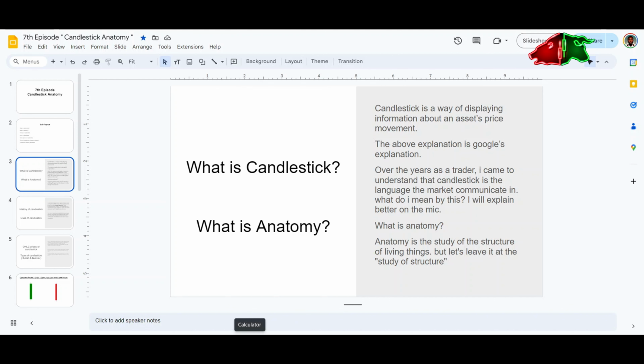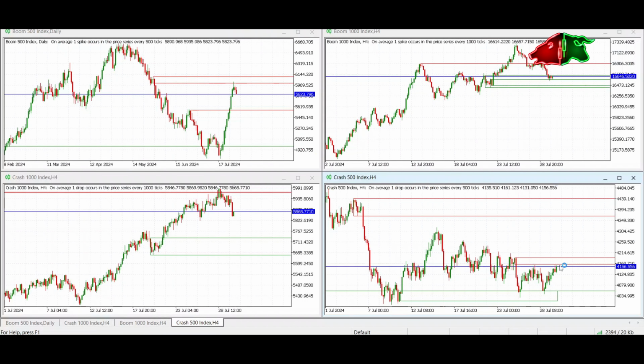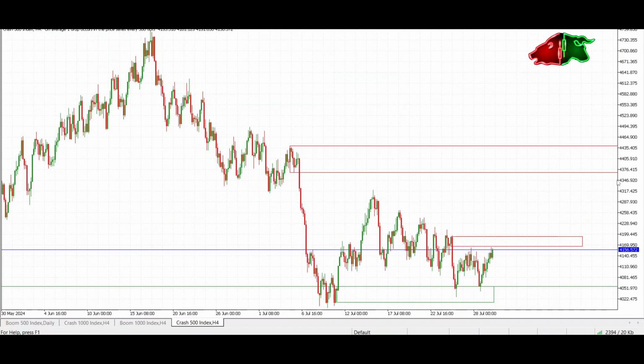So that's what candlestick patterns are for. Let me quickly show you. Something like this. These are the candlesticks. This red and green stuff you are seeing on the chart, they are called candlesticks, and they are used for gathering prices. If you put the crosshair on a particular candle, some numbers will pop out.